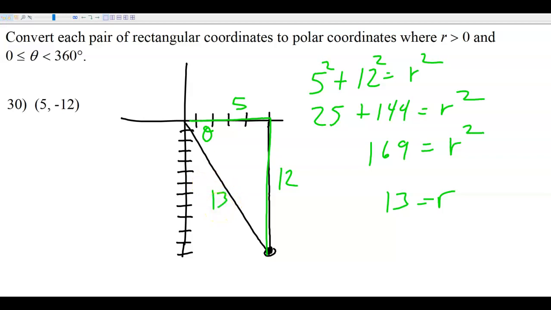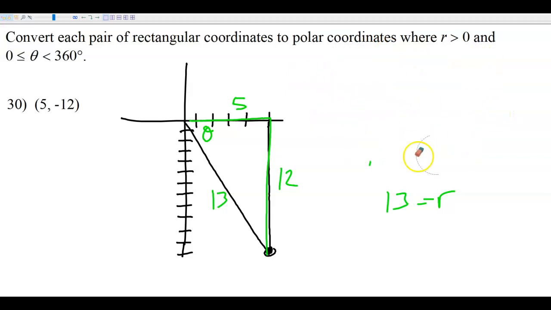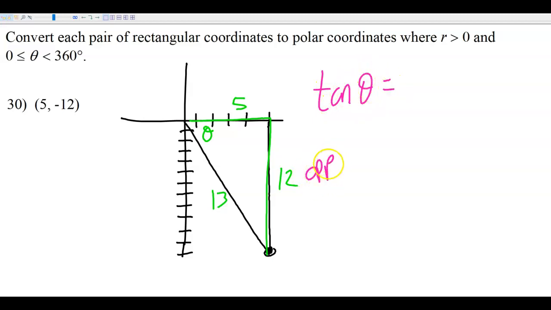Now I need to find my missing angle. The way you find the missing angle is by using either sine, cosine, or tangent. I think it's probably best to go with tangent every time with these. Tangent of the missing angle is the opposite side divided by the adjacent side, so that would be 12 over 5.